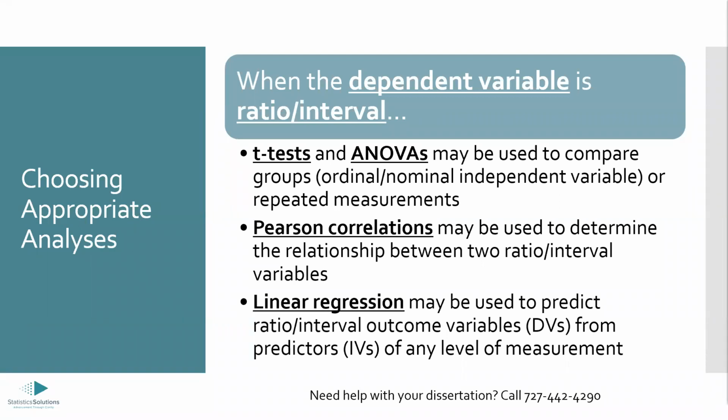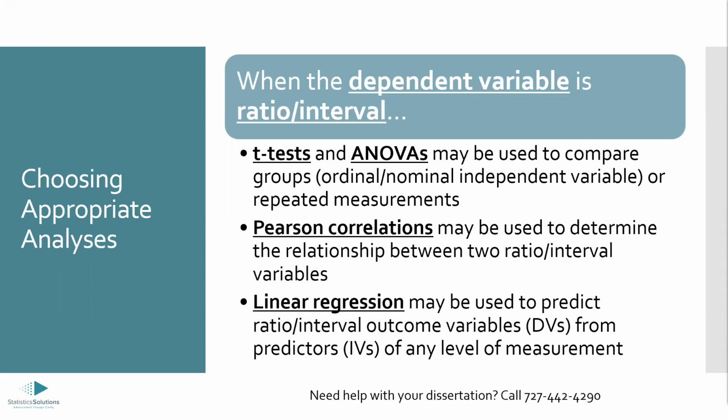In these cases, we can use most parametric inferential statistics tests. So we can use, for instance, things like t-tests and ANOVAs to compare groups or repeated measurements of a variable. If we want to look at correlations or relationships or associations between two variables, we can use Pearson correlations if those two variables are both at least a ratio or an interval level of measurement.